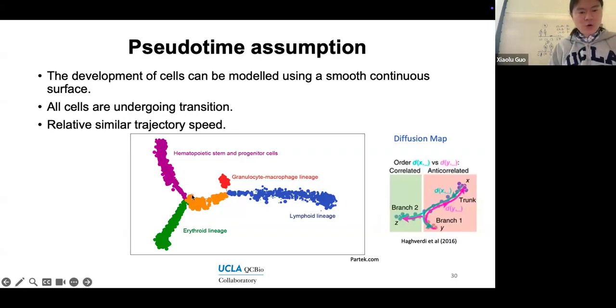All the cells we observe are at one state along this path, so basically all cells are undergoing transition. Another assumption is that they have similar trajectory speed. It means that how long it takes from this point to here should be equivalent to how long it takes from here to here-ish. So the speed should be similar.